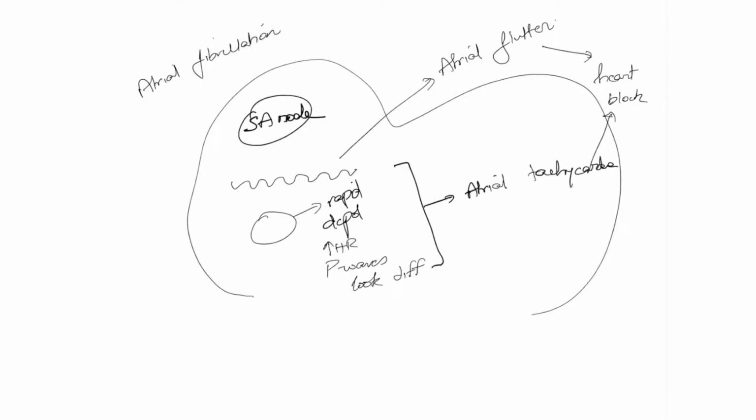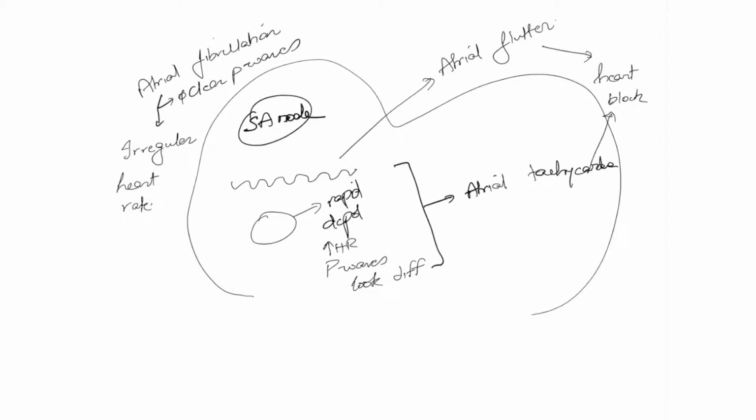So in this case, you wouldn't see very clear P waves and the heart rate becomes very irregular. So no clear P waves, and you would see an irregular heart rate.